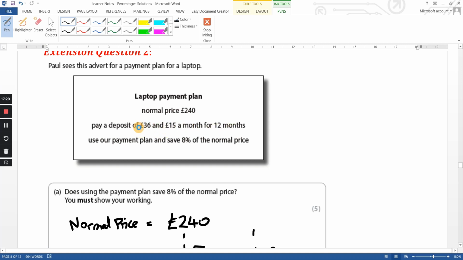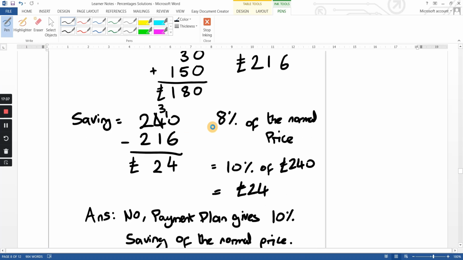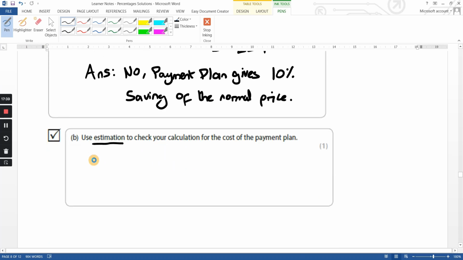We're not going to use £36, we're going to use 40 for that. £15, you could keep that, but I think they want you to round it really. So to the nearest 10, that's going to be £20 a month. And let's do it for 10 months instead of 12. So let's do £20 a month for 10 months.